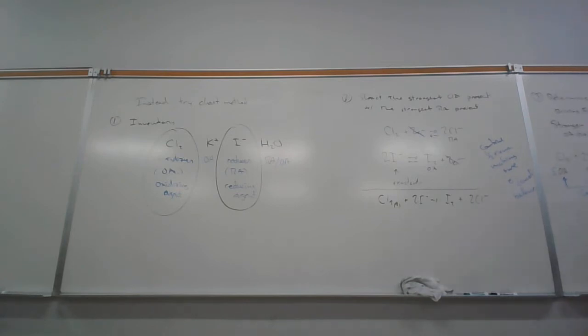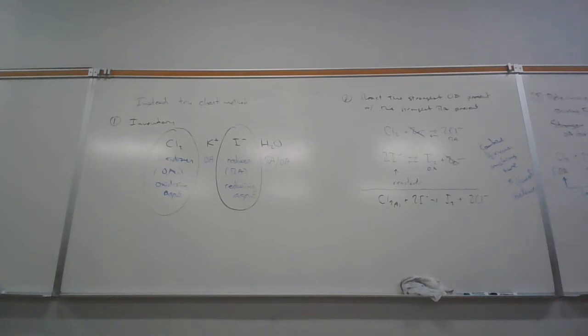Fluorine's the strongest, and then here's chlorine, and then iodine's way down here. So chlorine is stronger than iodine. As far as reducers go, iodide should be stronger than chloride.